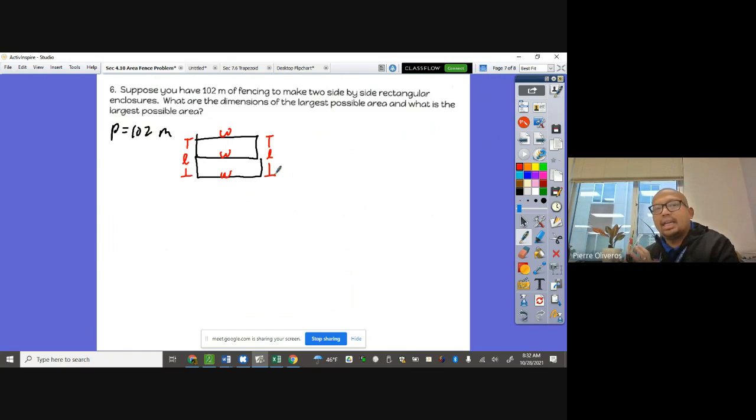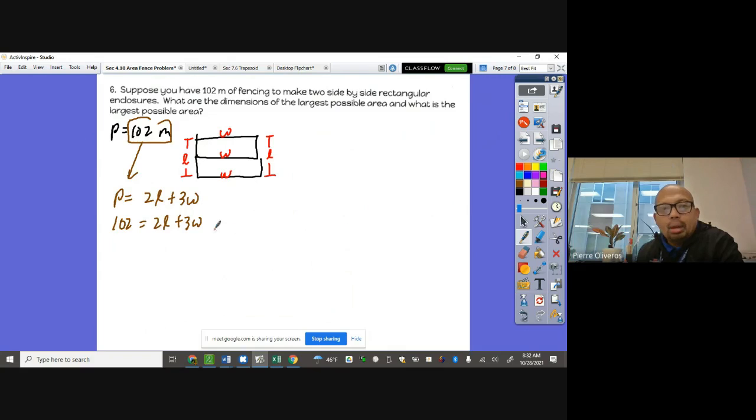I think yesterday I mentioned that there are four lengths. So the perimeter now is 2L plus 3W. Make sense? The amount of fencing we have is 102. So plug in 102 here equals 2L plus 3W.